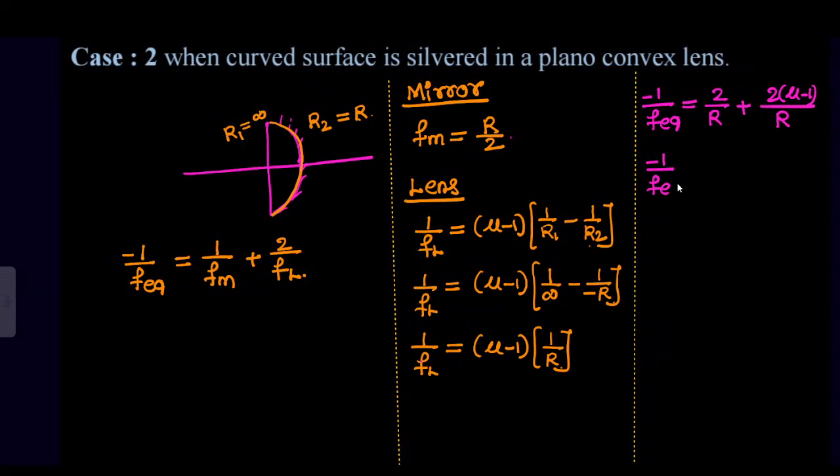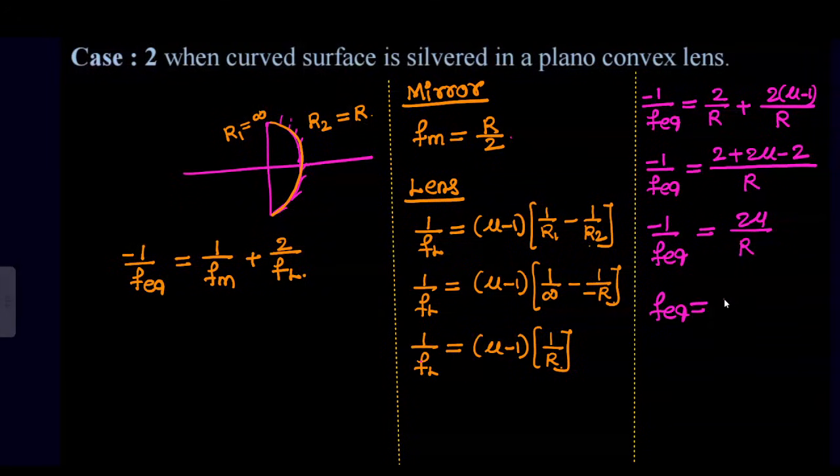How much will come? This is R, and now 2 plus 2 mu minus 2. 1 by F equivalent, the 2 will get cancelled, so that is 2 mu by R. So F equivalent is minus R by 2 mu. This is the focal length.